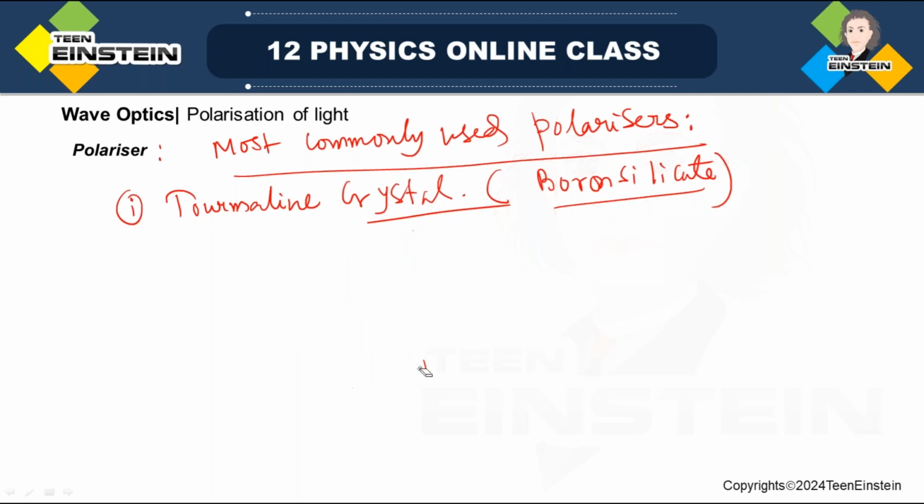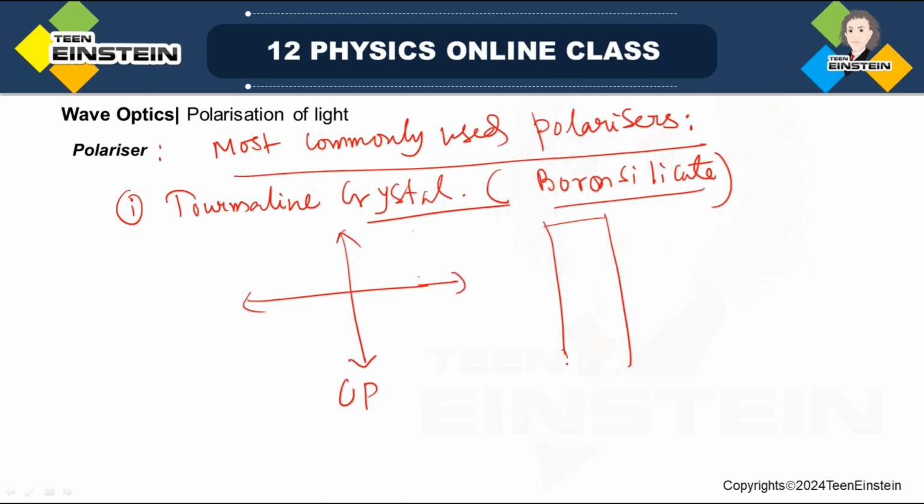Let me show you the simplest case. I take an unpolarized light like this as a representative one. Now I have a tourmaline crystal which has, suppose, its pass axis along the y direction, and this is x.